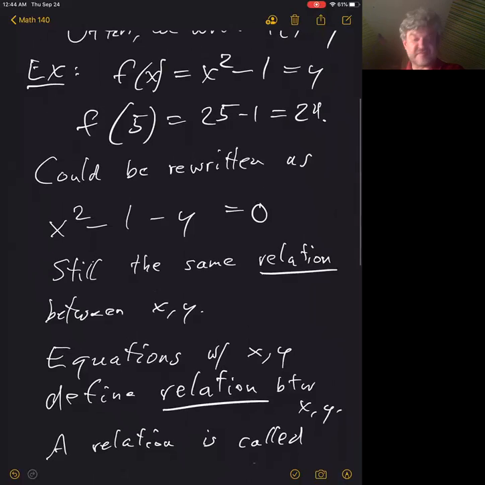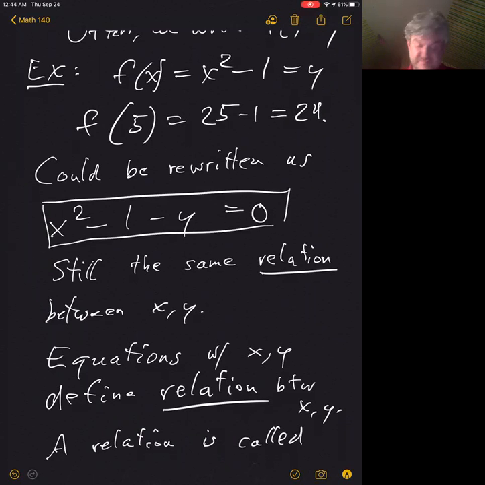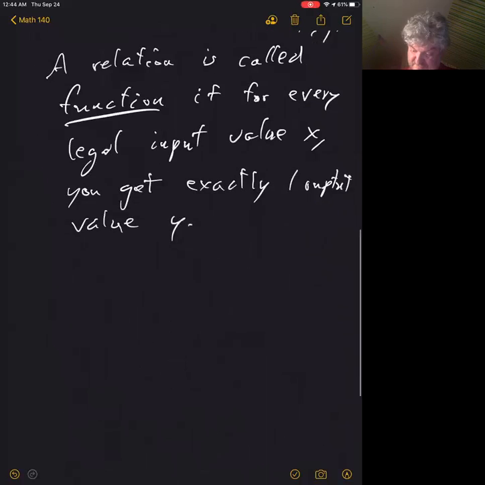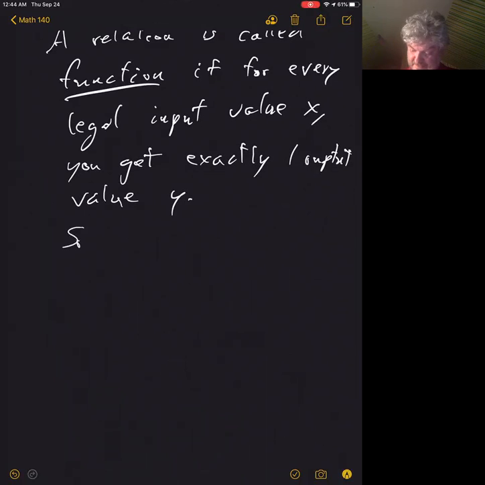Back to this. This is the case for every input value x. You get one output value y, obviously, and it's still the same. The same thing is true here. So that defines a function. x squared minus 1 minus y equal to 0 defines a function.